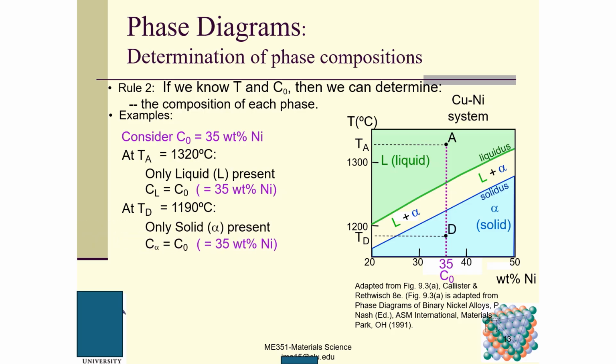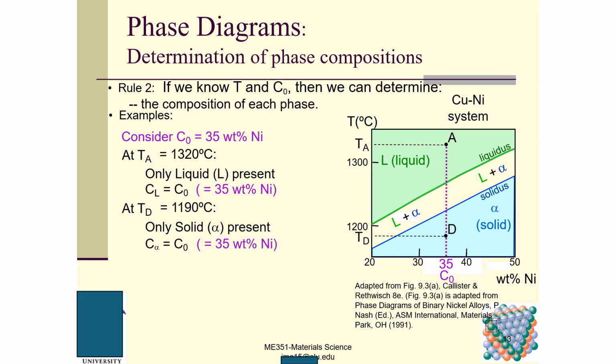Okay, so here consider C0 equal to 35% nickel. At TA, 1320 degrees C, only liquid is present. At TD, 1190 degrees C, only solid.